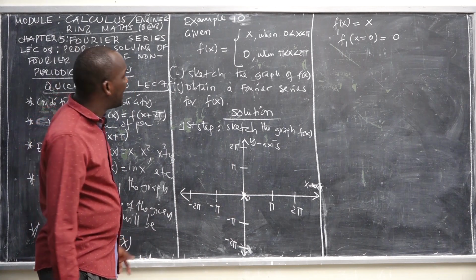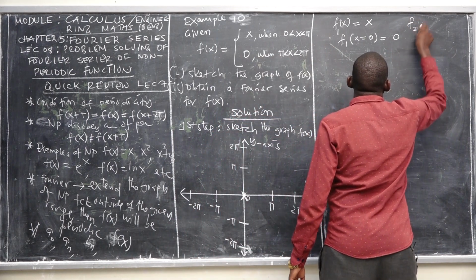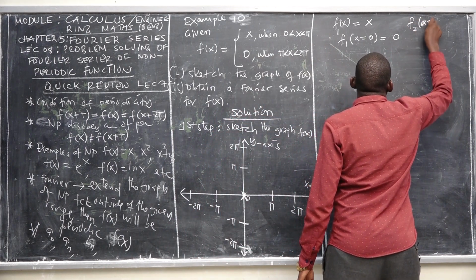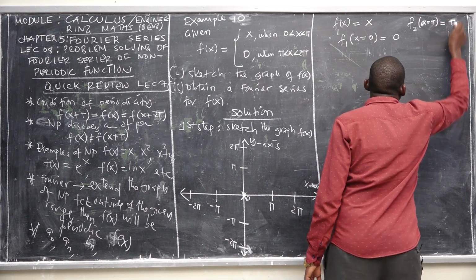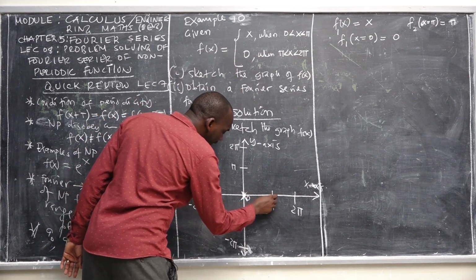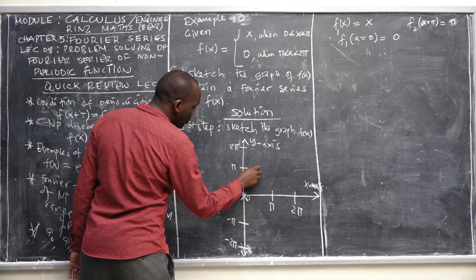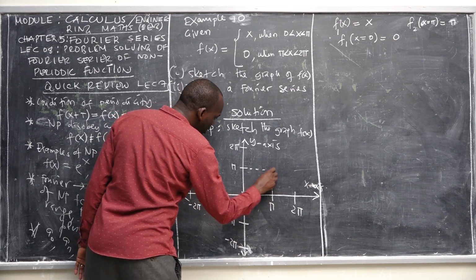Then next, when x is equal to pi, f1 is equal to pi. So when the value of x is pi, the value of y is also pi. So this is the coordinate.